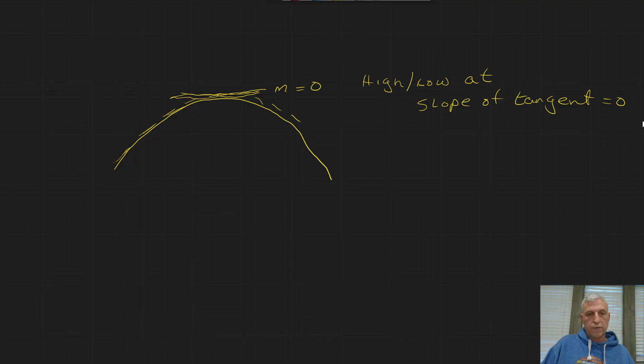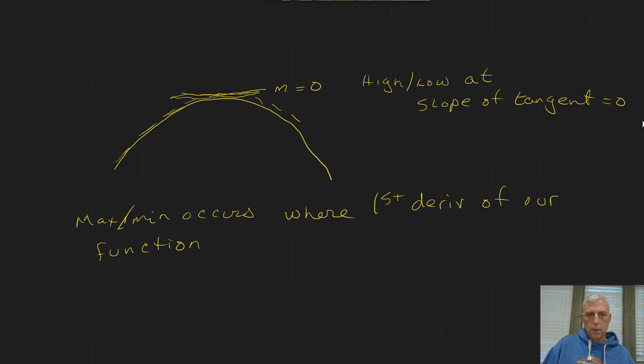To find out where the max-min occurs, where the first derivative of our function equals 0. So find the first derivative, this is the process, and set to 0.